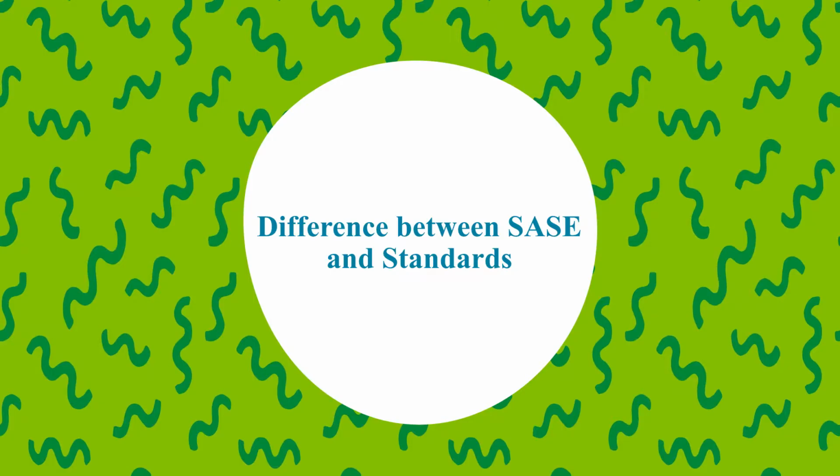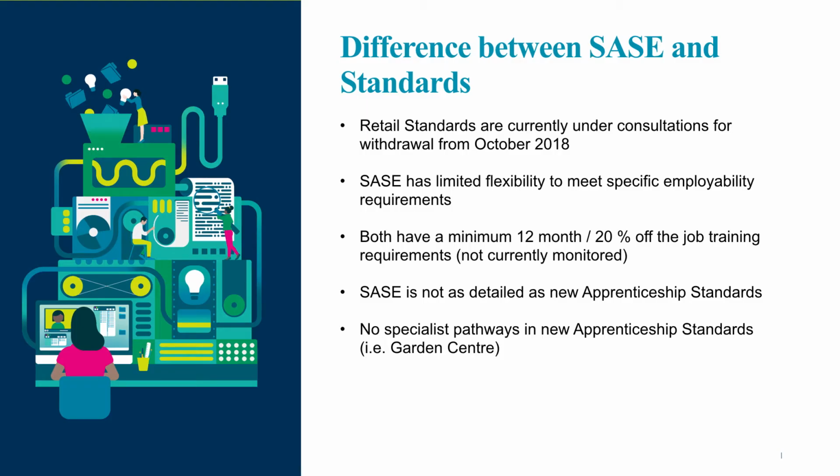So moving on to the next slide, which I've covered part of what the question related to, which is differences between SACE and apprenticeship standards. As I mentioned, there are some reviews of apprenticeships happening at the moment, and I believe the consultation closed in April.